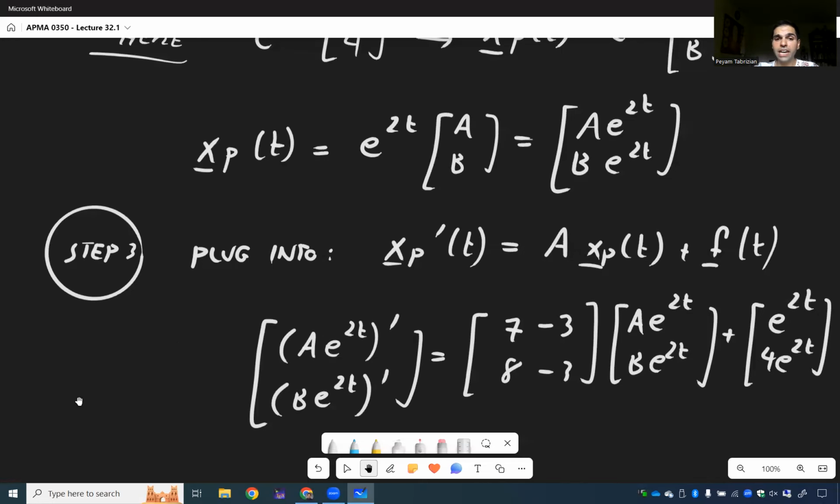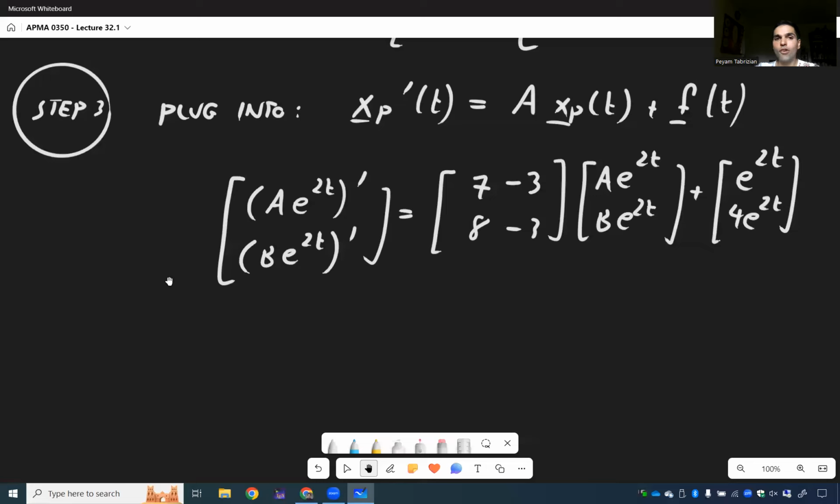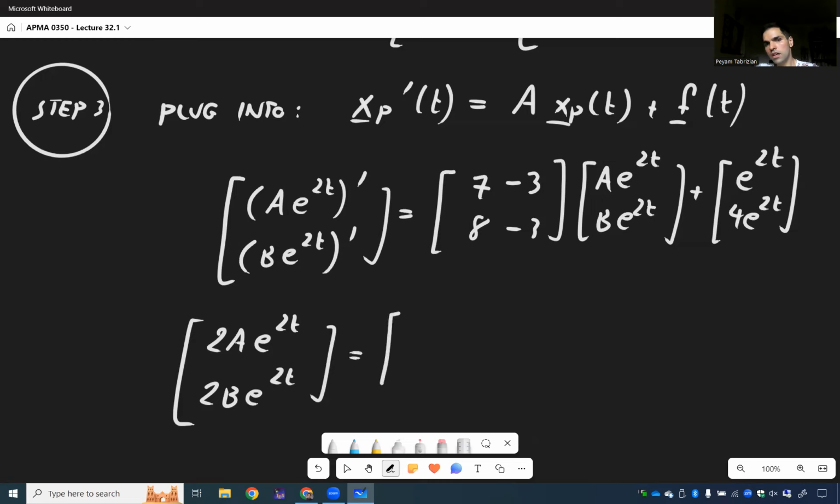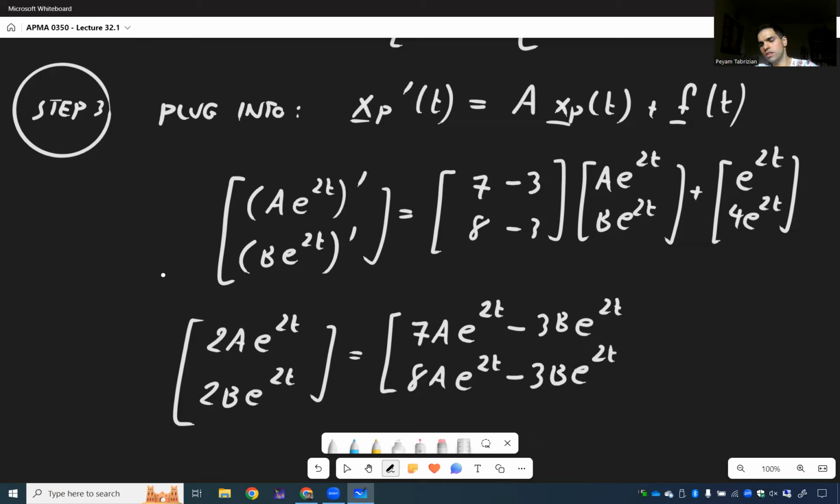So the idea is you calculate everything and then just solve for a and b. So the derivative here is 2a e to the 2t, and then 2b e to the 2t. For the rest, you just matrix multiply. So 7a e to the 2t minus 3b e to the 2t, and then 8a e to the 2t minus 3b e to the 2t, plus e to the 2t, 4e to the 2t.